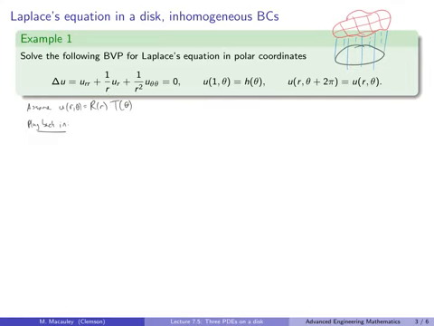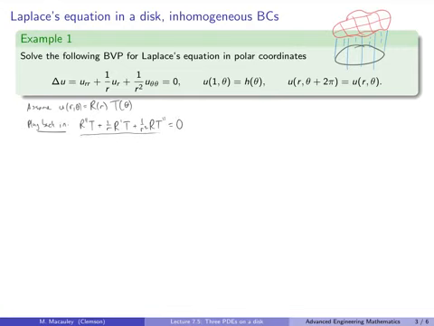I'm just going to write these three terms. This first term is R double prime times T, plus 1 over r times R prime times T, plus 1 over r squared times R T double prime, equals 0.